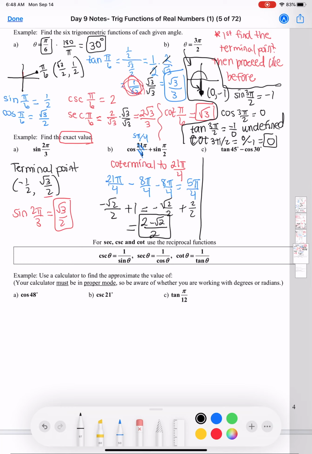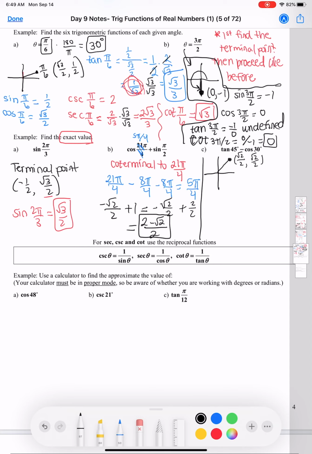All right, part C, so now tangent of 45 minus cosine of 30. So first we need to find what tangent of 45 will be. Okay, well, I know that on my unit circle, 45 degrees is here. I know that both x and y are root 2 over 2.